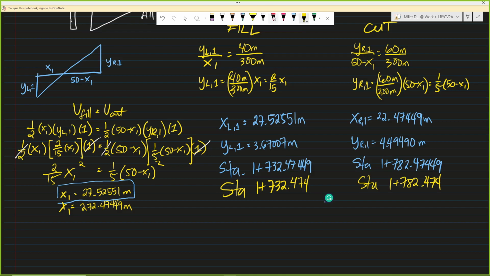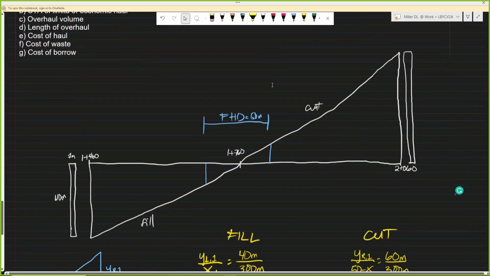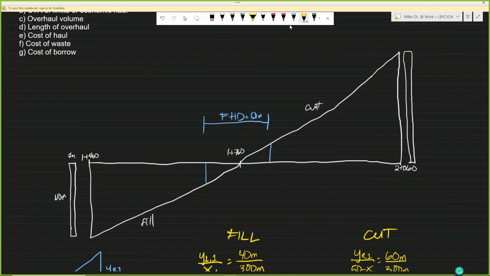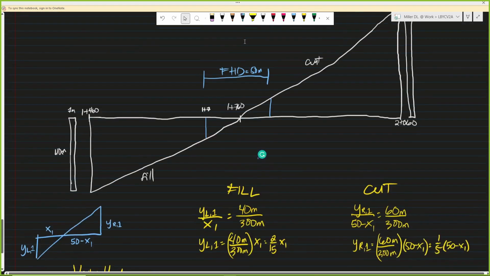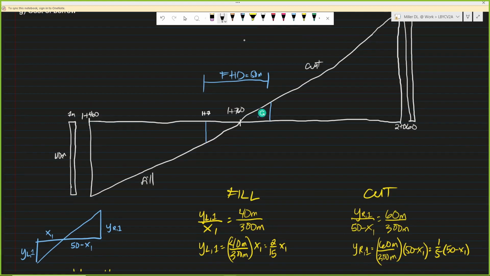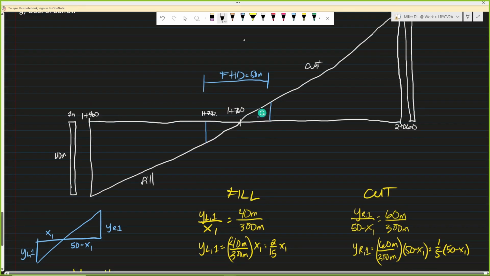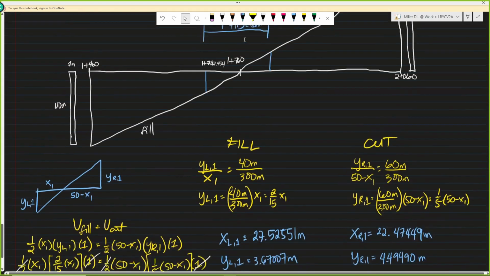So, 1732. Taas lang natin. So, sulat natin yung stations. 1 plus 732.474. Tama ba? 474.